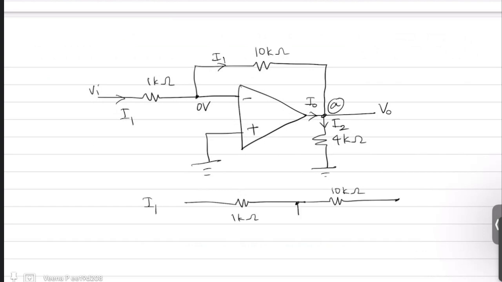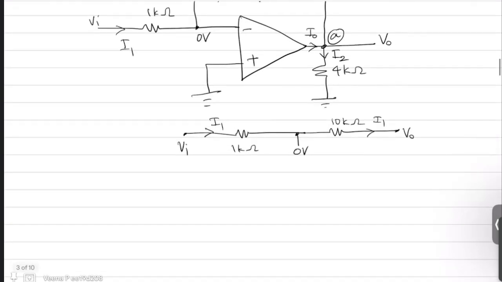The center is at 0 volts. At this end it is Vi volts and at the other end it is V0 volts. So this current is I1. This is also I1. So you can write I1 using two equations, one with the input voltage and another with the output voltage.